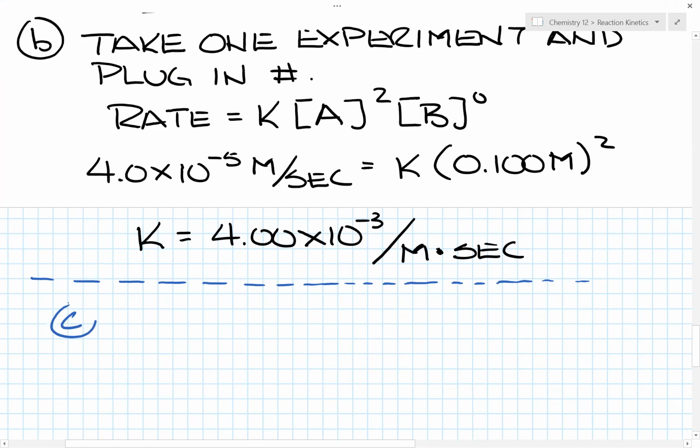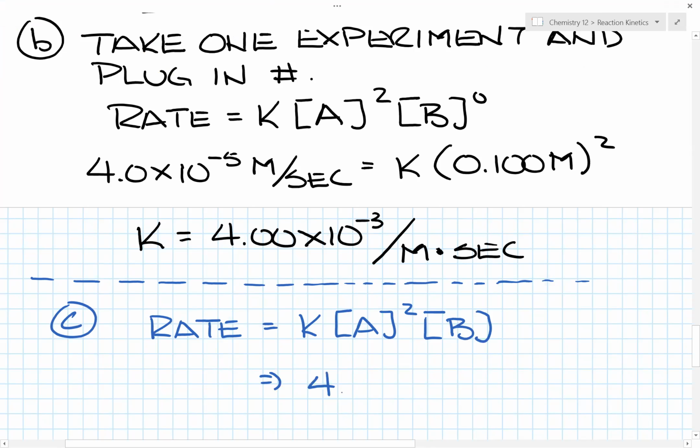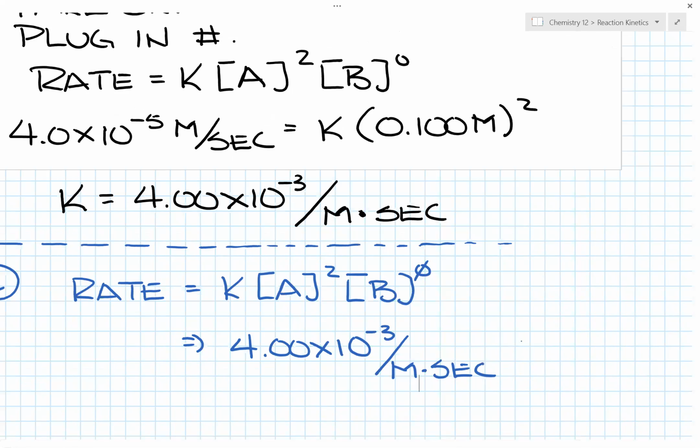Okay, so for C, rate is equal to K concentration of A squared, concentration of B. So we just plug in the numbers. 4.00 times 10 to negative 3 per molarity second times 0.05 molarity all squared.